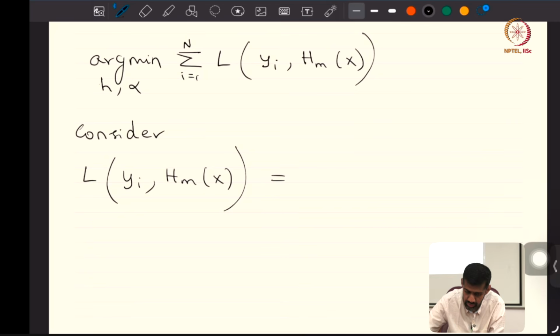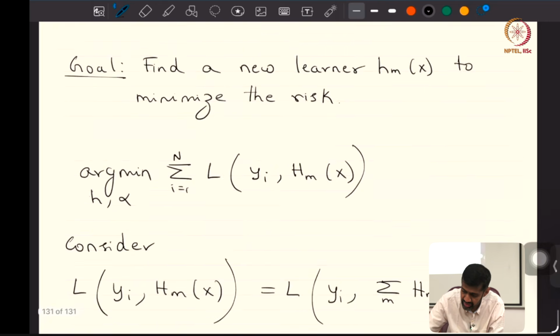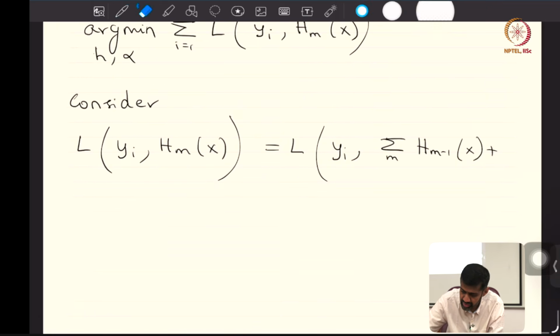So, this is equal to L that we are computing at y_i comma, what is h_m? This is h_{m-1}(x) plus alpha_m h_m. There is no sum here, right. Yeah, my bad.